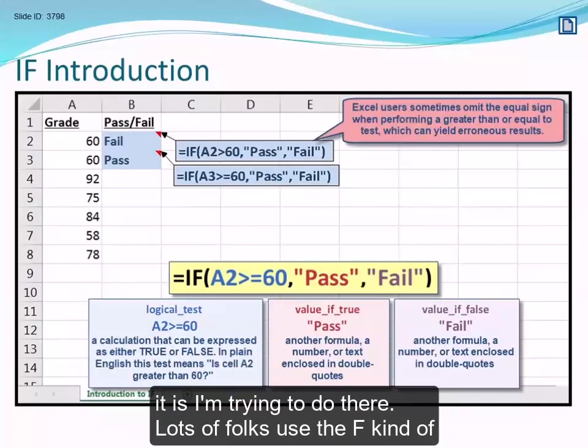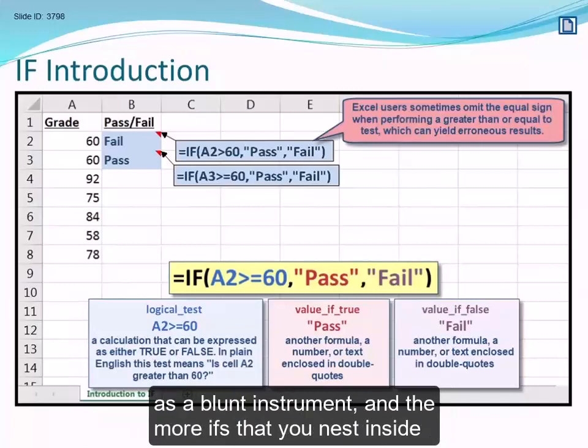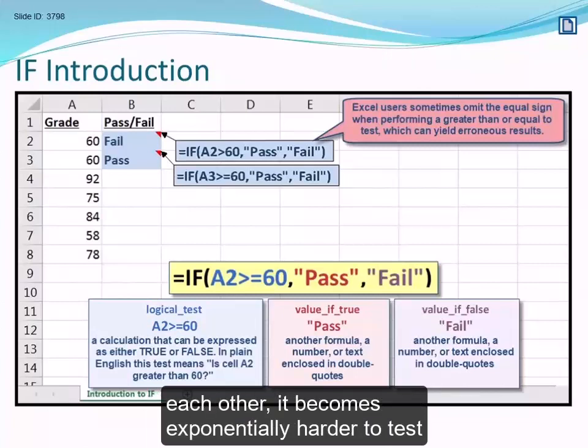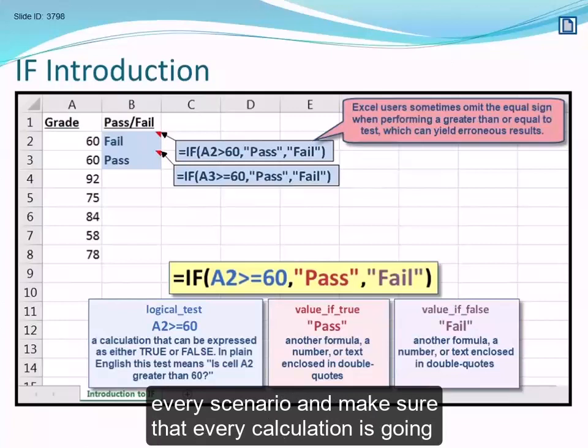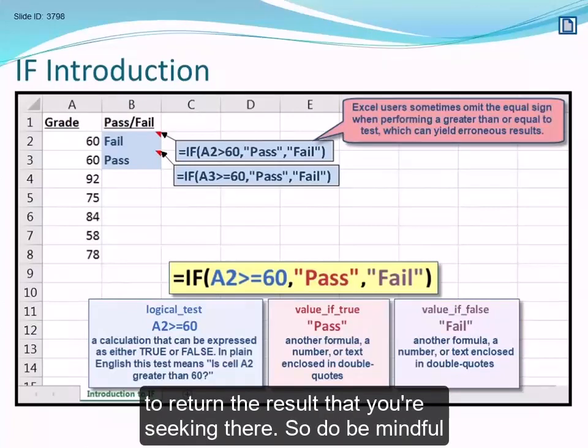Lots of folks use the IF as a blunt instrument, and the more IFs that you nest inside each other, it becomes exponentially harder to test every scenario and make sure that every calculation is going to return the result that you're seeking.